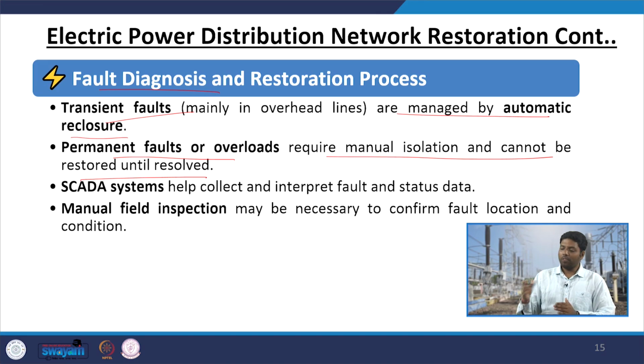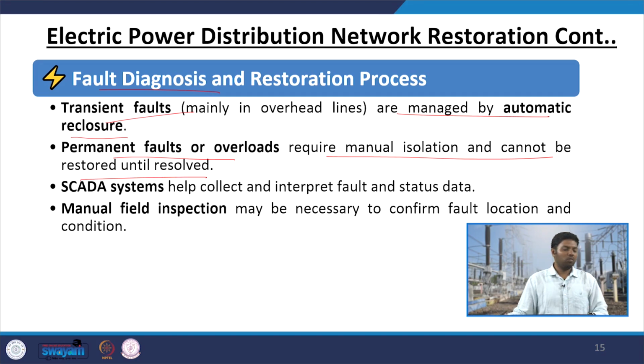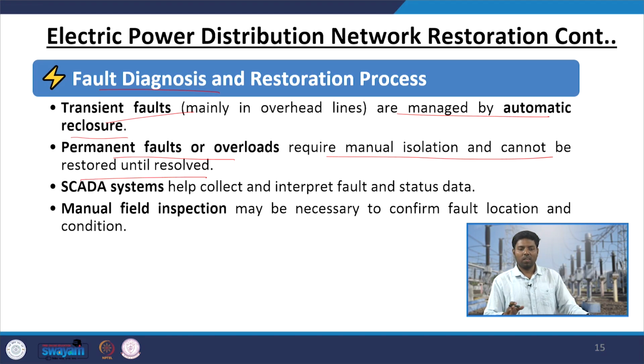But normally the recloser tries to close the circuit 3 times. If that fault persists after those 3 times as well, then we say that it is a permanent fault, and at that time your circuit breaker will be permanently open and the circuit completely disconnected. So, at that time you need manual isolation or manual restoration.